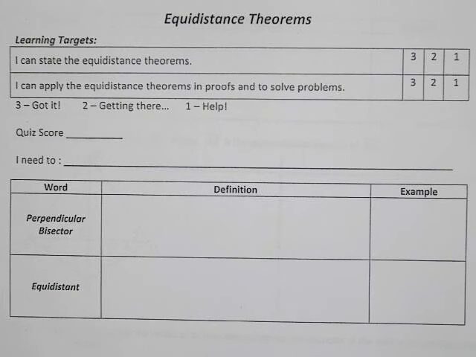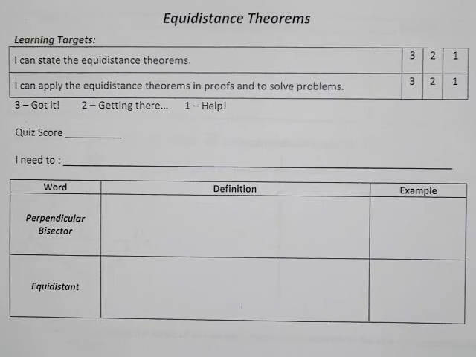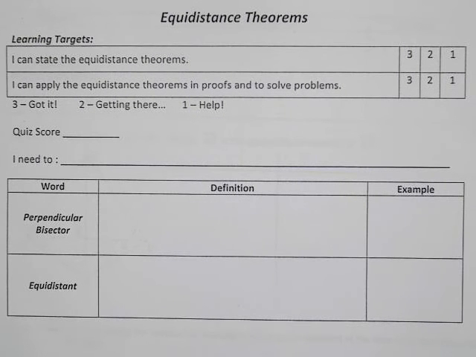All right, so we have to go over a little bit of vocabulary first. We have this idea of a perpendicular bisector that we're going to talk a lot about in this unit.